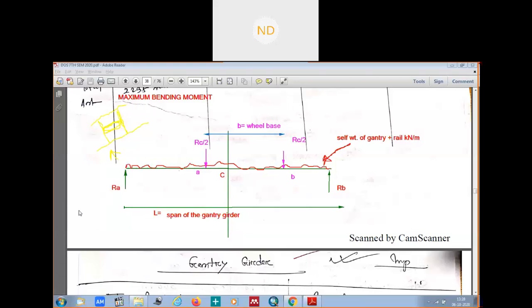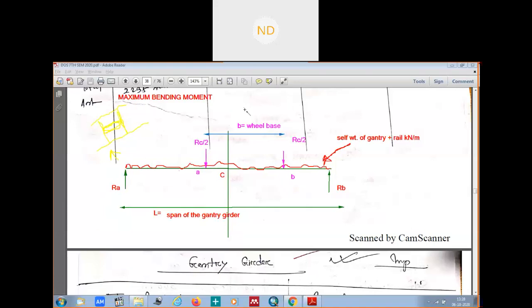Suppose I'm giving this to be green, and this blue. Now see, these two are the wheels of the crane girder. That means the distance from this wheel to this wheel is the wheelbase B. Now the center of this wheelbase will be where?